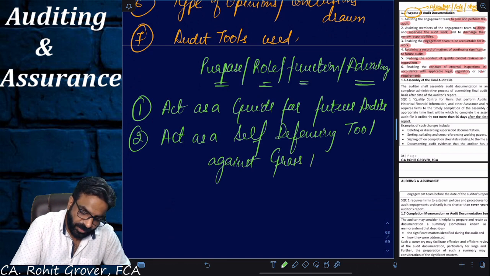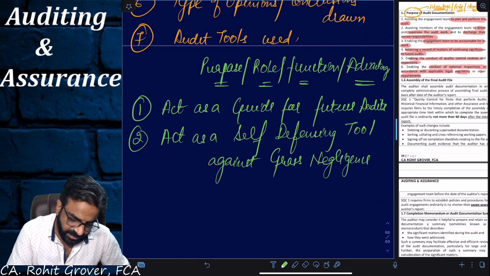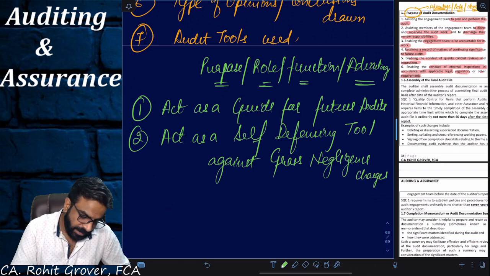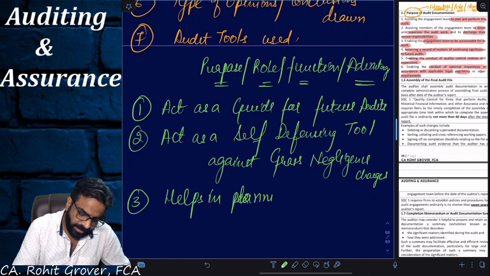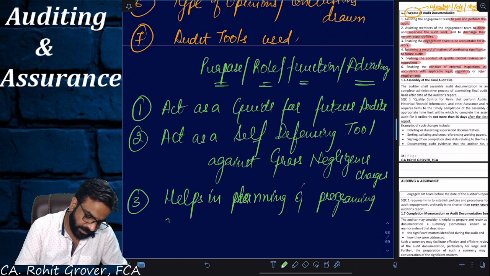If someone tries to put gross negligence charges on me, I can defend myself against them. Next, point number 3, everyone. It helps in what? Planning and programming your audit. It helps in planning and programming and performance of audit.